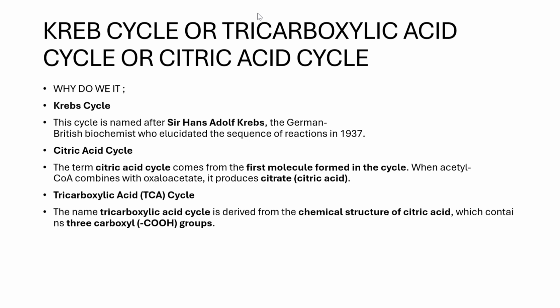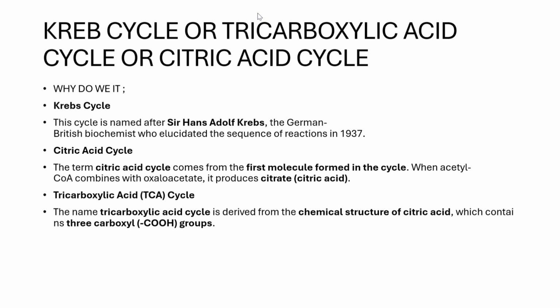For that, we convert pyruvate to acetyl-CoA through an enzyme complex called the pyruvate dehydrogenase complex. They convert pyruvate to what? Acetyl-CoA. This acetyl-CoA is what enters into the Krebs cycle, so today we are going to discuss the reactions involved in the Krebs cycle. Okay, so let's go.